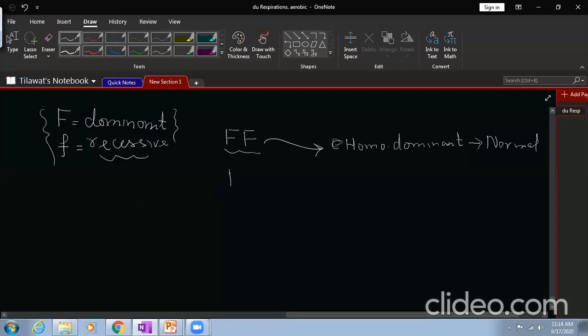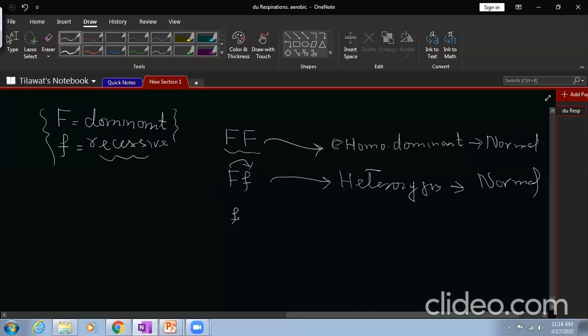If a person has this genotype, this is the heterozygous condition. This person is also normal, because of the dominance of F, the recessive allele will not be expressed.